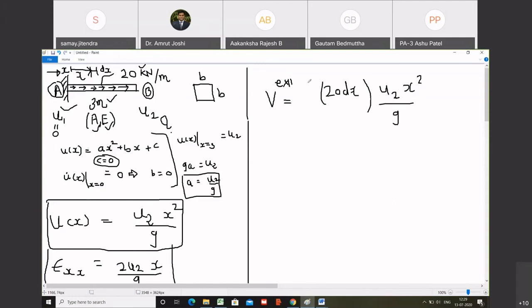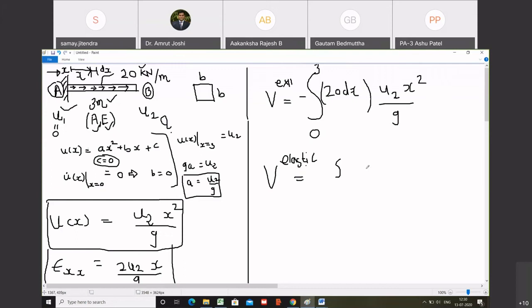Are you with me? And we have to integrate it from 0 to 3. This is the external work done. So V external we have written. Now we have to write down V elastic. And how do you write V elastic? You are going to write it as stress multiplied by strain.